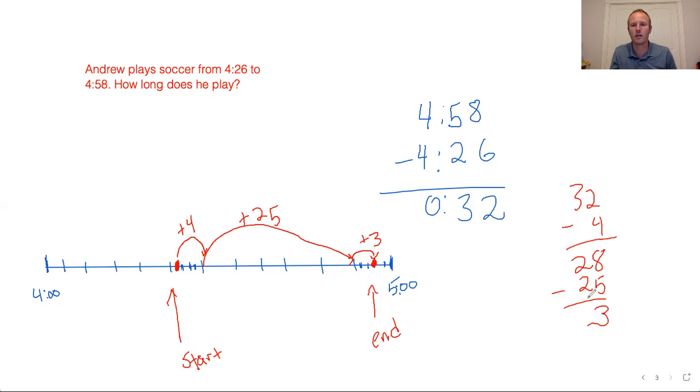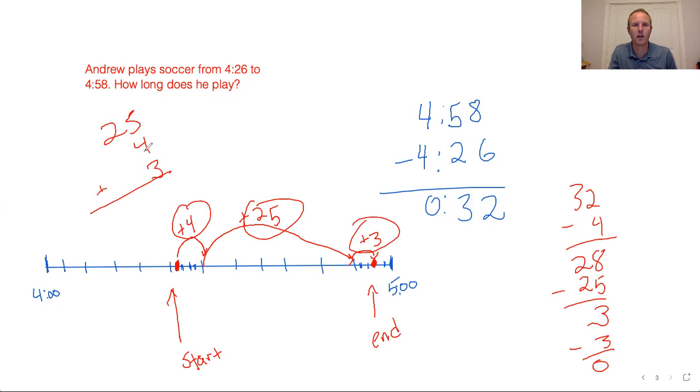And again, if I then add up these 3 numbers, 3 hops that I made on my number line, I will get my total. 25 plus 4 plus 3. 5 plus 4 is 9, plus 2 more is 12.